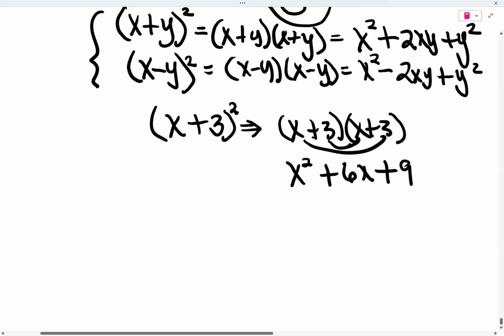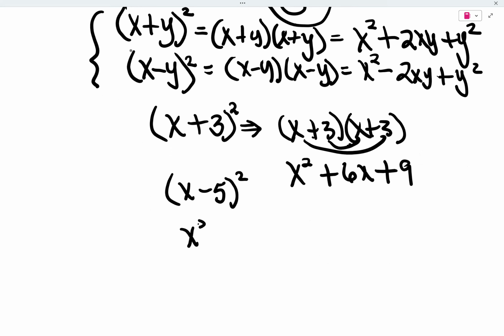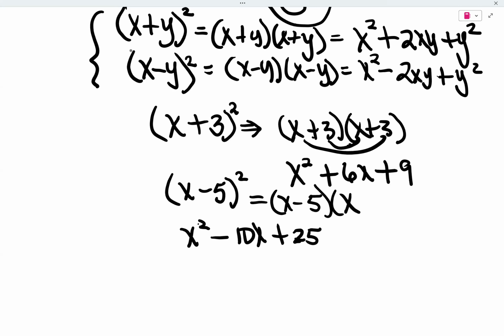Yes. All right. If I have x minus 5 squared, this is simply going to become x squared minus 10x and plus 25. Because if I set it up again, this is x minus 5 times x minus 5.